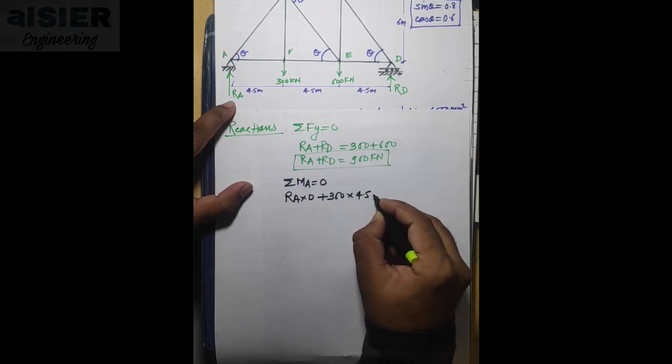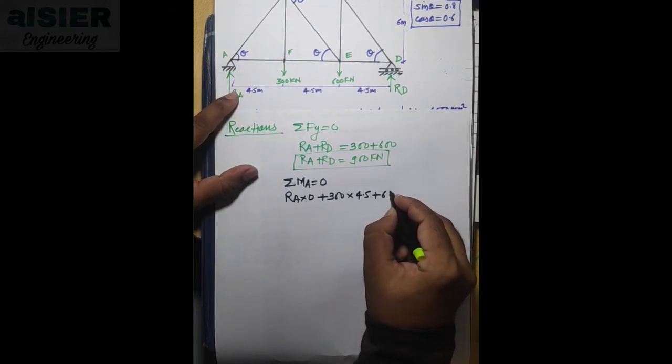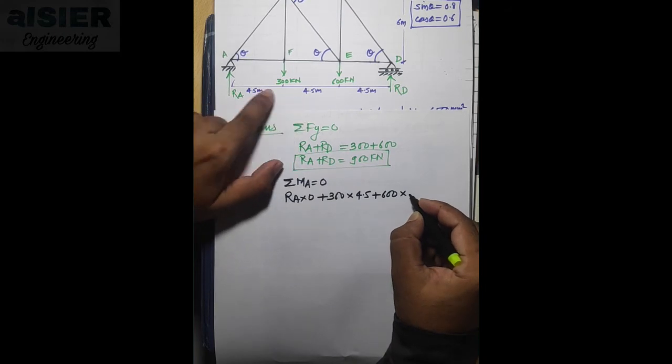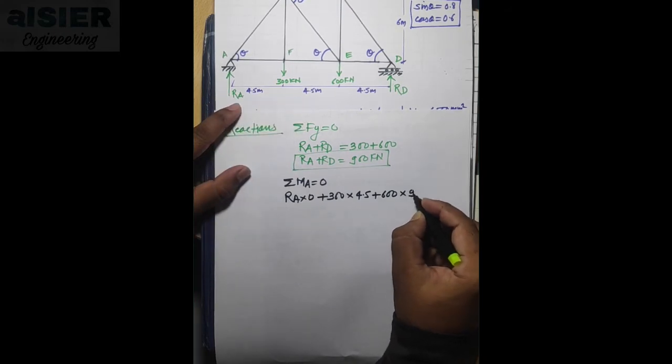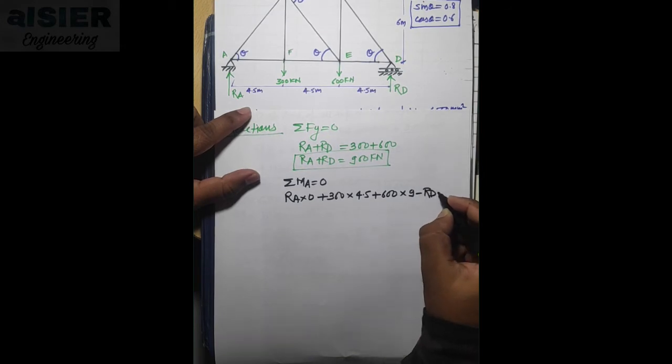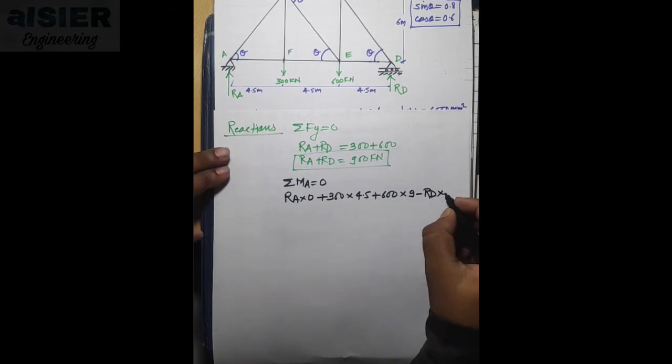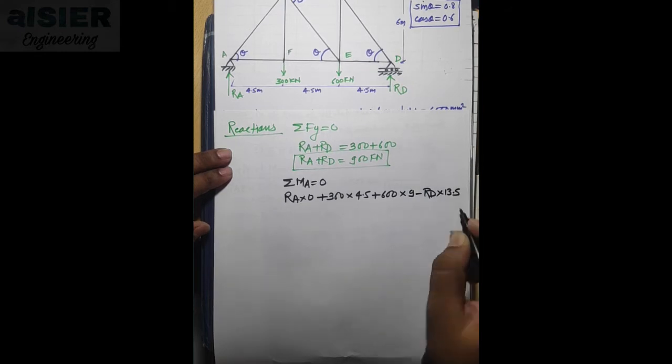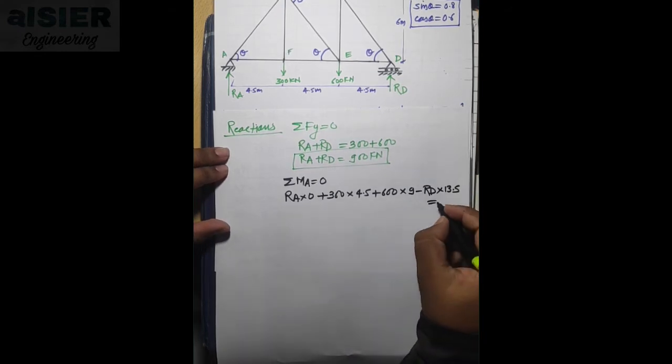Then 600 is also going clockwise, therefore 600 into distance 4.5 plus 4.5, that is 9. And this RD is going anticlockwise, so minus RD into 5, is equal to 0.